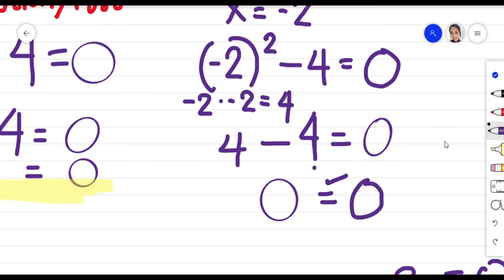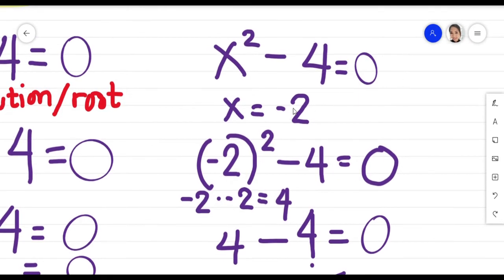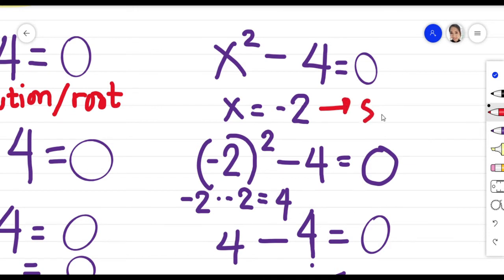So since the last part is true, meaning the value of negative 2 satisfies our equation x squared minus 4 equals 0. So since it satisfies, negative 2 is also a solution, or root.